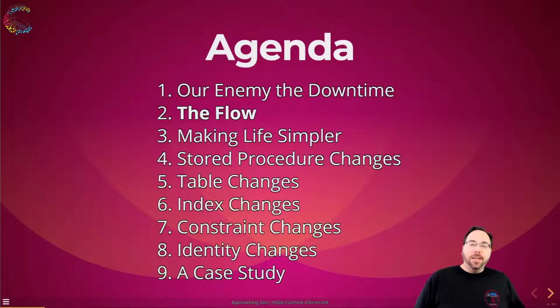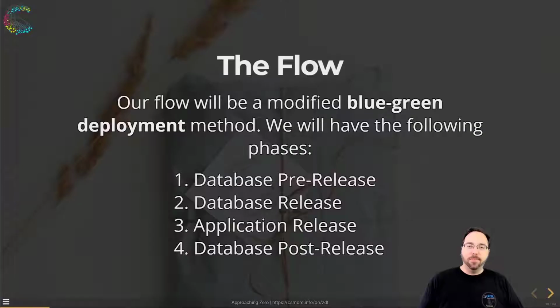So with that in mind, let's talk through the flow that I'd like you to think about in terms of deployment process. We're going to use a modified variant of blue-green deployments. So there is this concept of blue-green, and we're going to break it into 4 major phases.